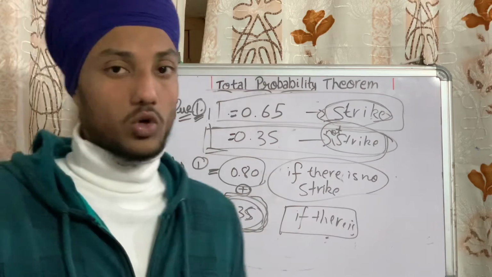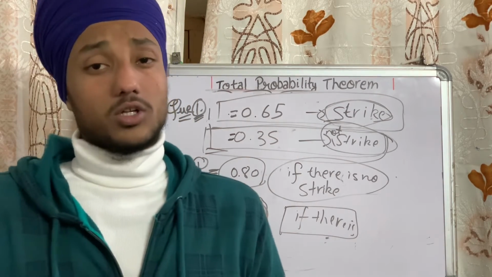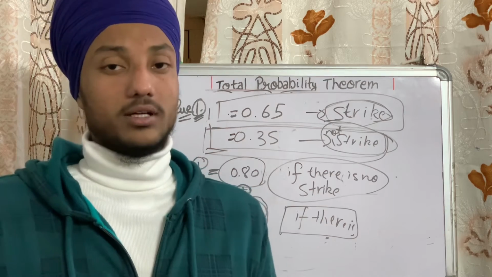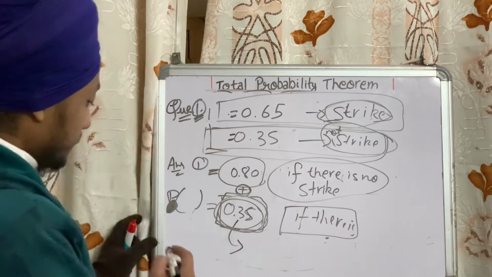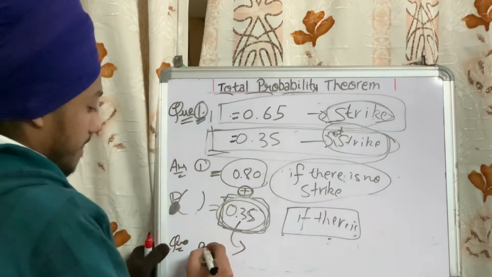This is what the total probability theorem tells us. What's the probability of construction being done?